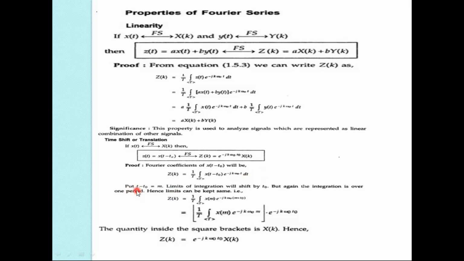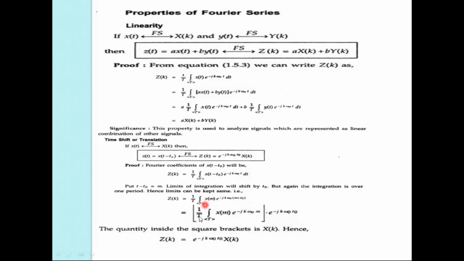Let t minus t naught be equal to m. The limits of integration will shift by t naught, but again the integration is over one period. Hence, limits can be kept the same. So I am not changing the limits of t, even though t changes to m. So t minus t naught is replaced with m, and t is replaced with m plus t naught.